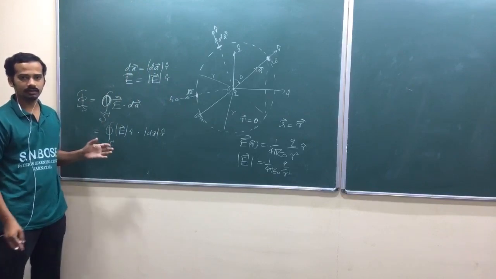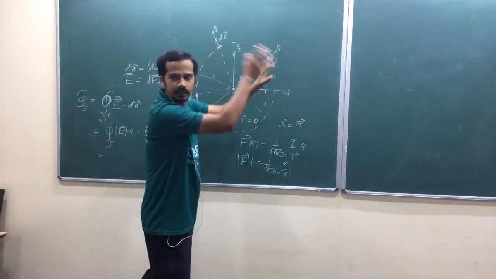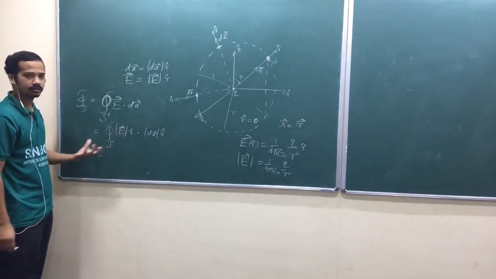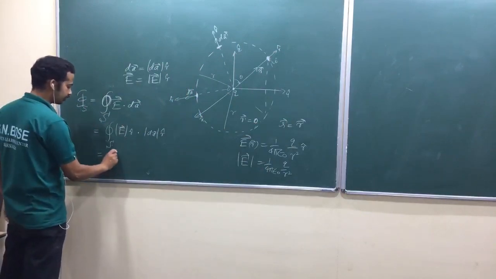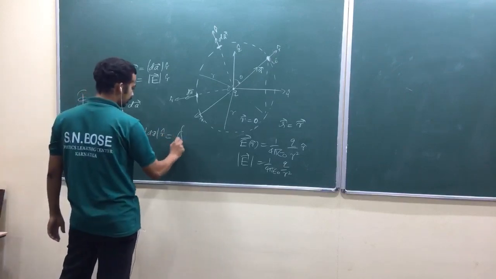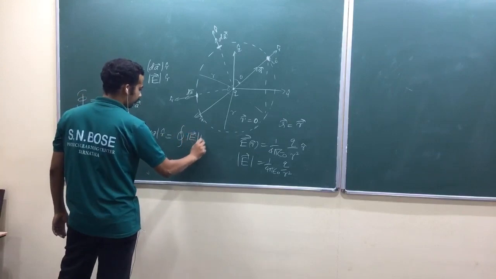How does this integral run? This integral runs throughout the surface area, isn't it? So throughout that surface area, this mod E is constant. I can take that one outside, mod E. Am I right? So when you take the dot product, that becomes mod E into mod dA.